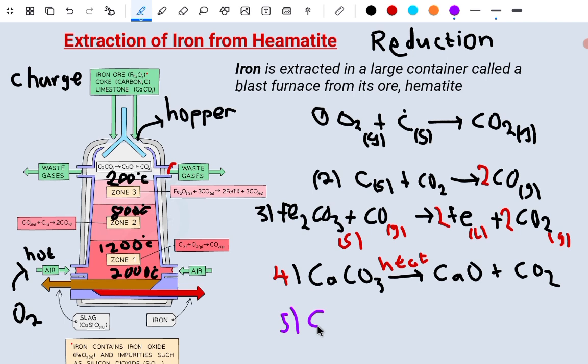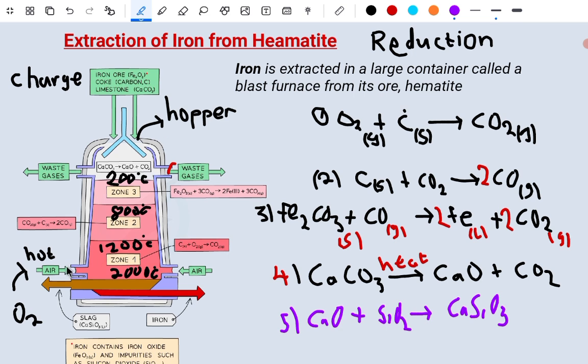So calcium oxide plus, the chemical name for sand is silicon dioxide, and this will give to us calcium silicate. Right, so we have 5 reactions that are taking place here.